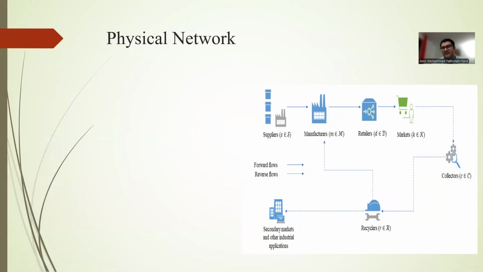The raw materials are then transferred to manufacturing centers, which are responsible for creating tire products. The tire products are then transported to the retailers for distribution of tires to the markets. And markets are the demand points, the demand nodes in our physical network.